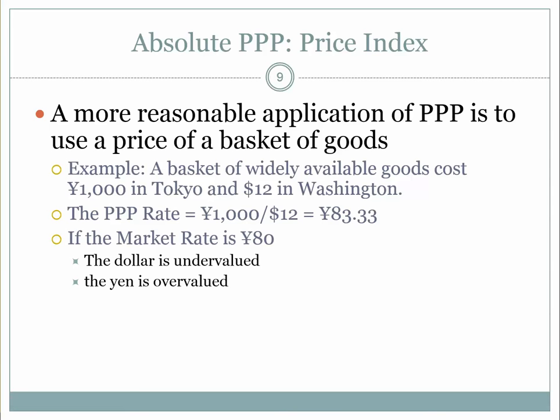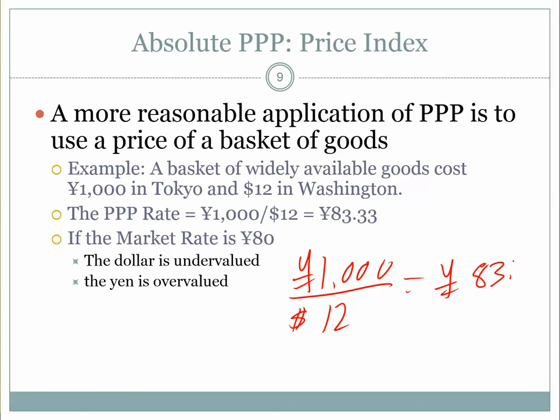Say you get a basket of 10 goods in Japan and it costs 1,000 yen. That same basket of 10 goods, maybe it's a Coke and a latte and a Big Mac and some other things, costs $12. You can then just take the ratio of that basket of goods and use that. So you don't have to rely on just the market supply and demand for one particular good.